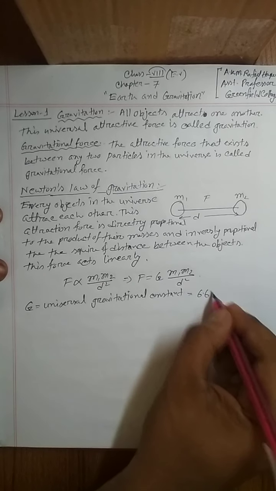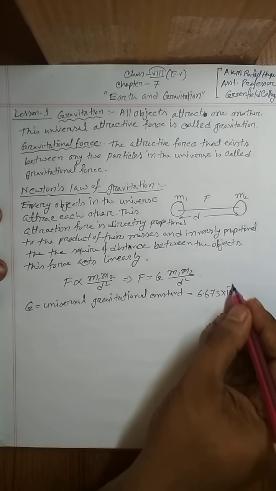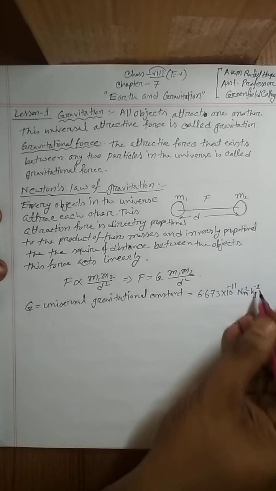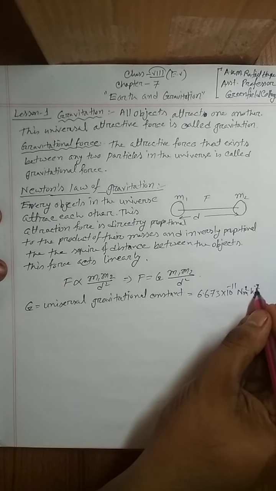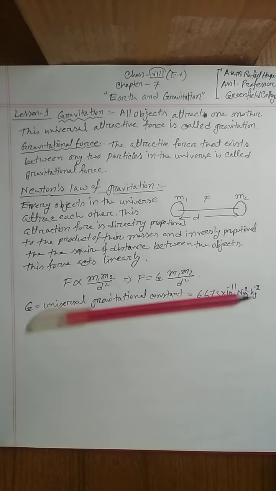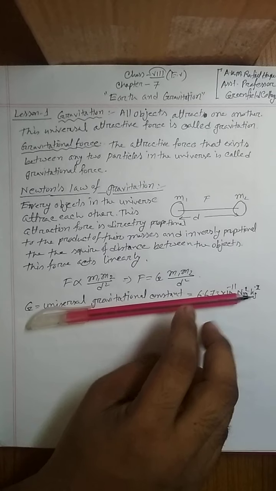Its value is 6.673 into 10 to the power minus 11 Newton meter square per kg square. You have to remember this value because you need it to do the math, and it can also come in the objective part.